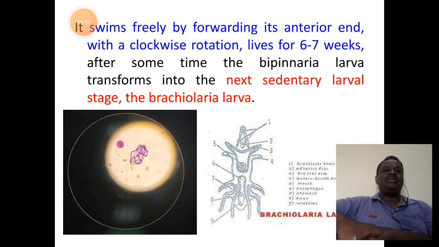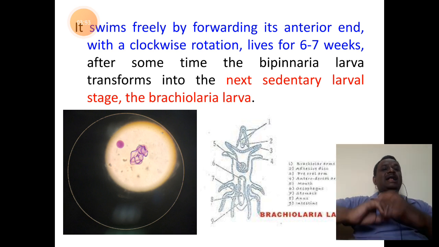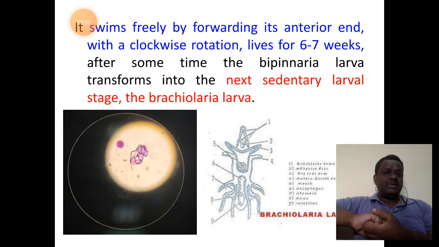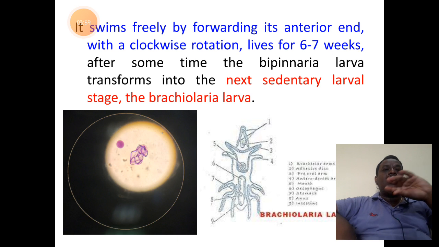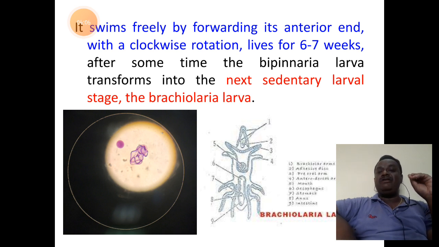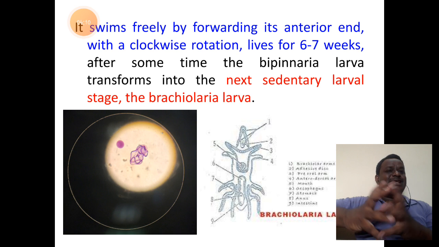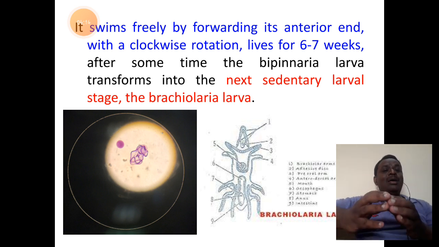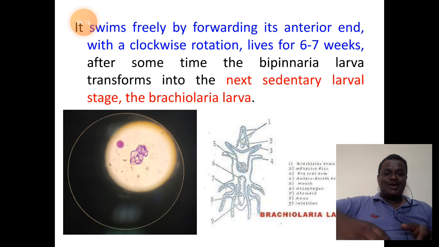The importance of this Brachiolaria larva is that it swims freely in the water. It is also microscopic in nature. And they show clockwise rotational movement. It lives for about 6 to 7 weeks. Students, remember, the importance of this larval stage is that this larva is also bilaterally symmetrical, no doubt, okay?